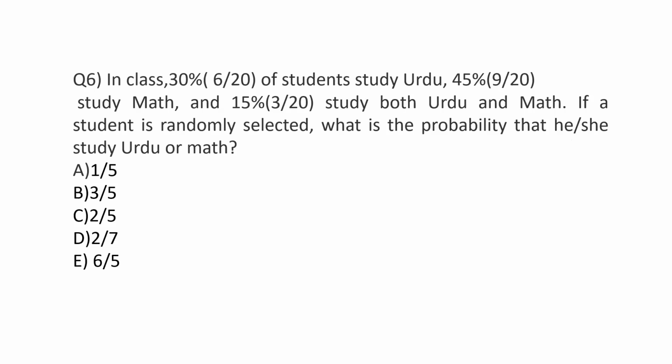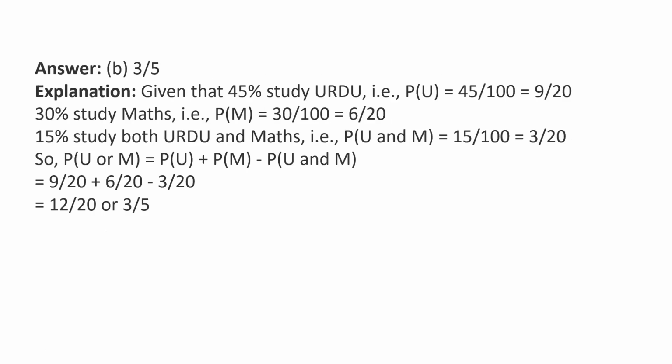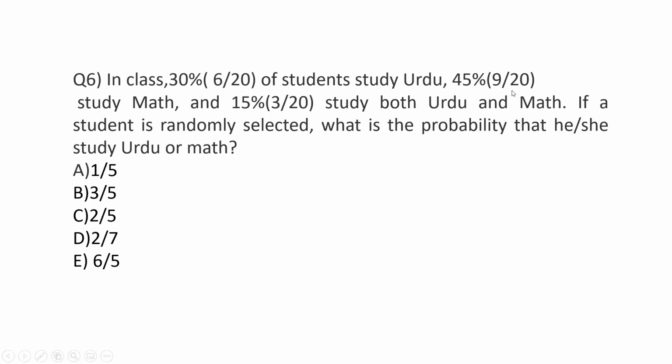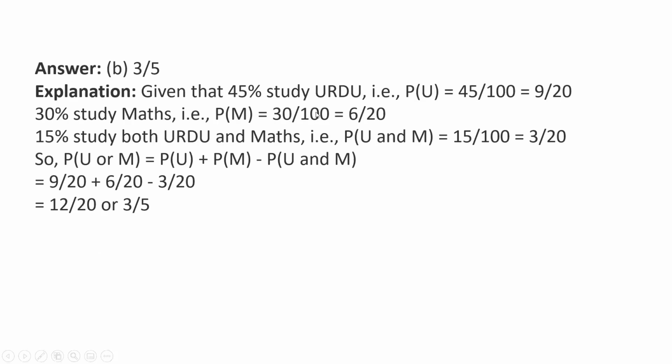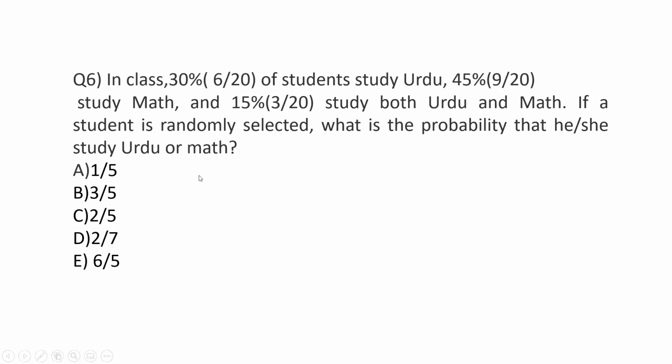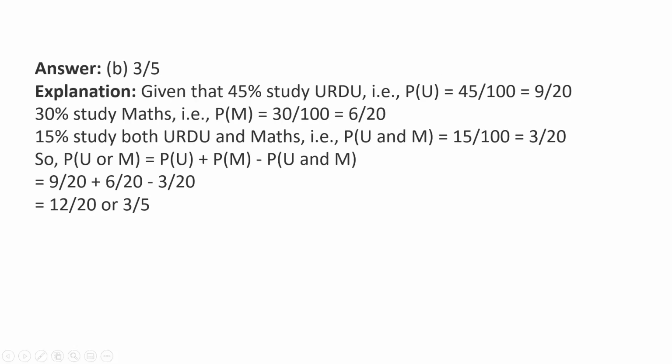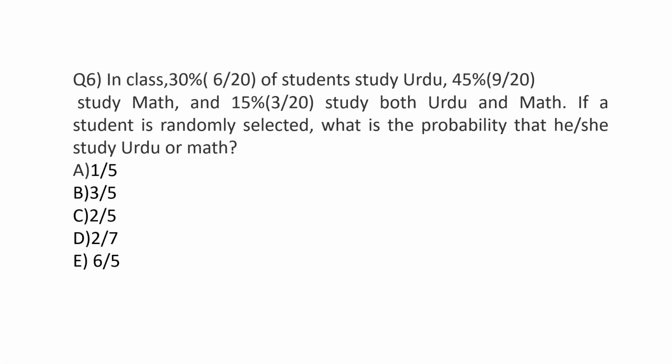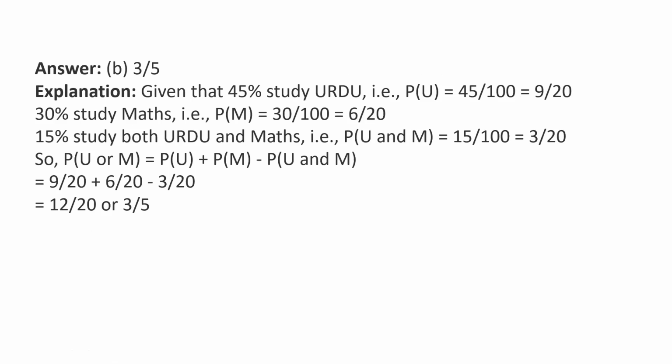It will be addition because we are using or, not and. So it would be 9 by 20 for maths plus 6 by 20 for Urdu, minus the both probability of 3 by 20, the 15%, and we get the answer, 3 by 5.